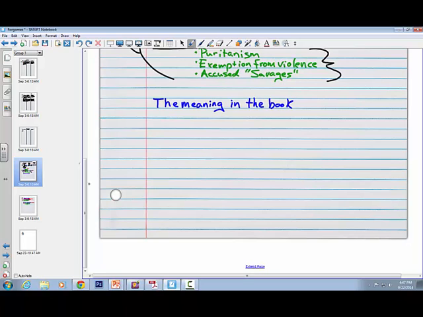Because we can't prove the meaning in the book, but we can prove that the meaning in the book focuses on, and then what I'm going to do is leave this blank, right? Now, I'm going to say right now that the meaning in the book focuses on chaos versus order, right? Because that's something that I've picked up on in my reading. So now my job is to go into the text and find 3 examples, right, of how the meaning in the book focuses on chaos and order, right?